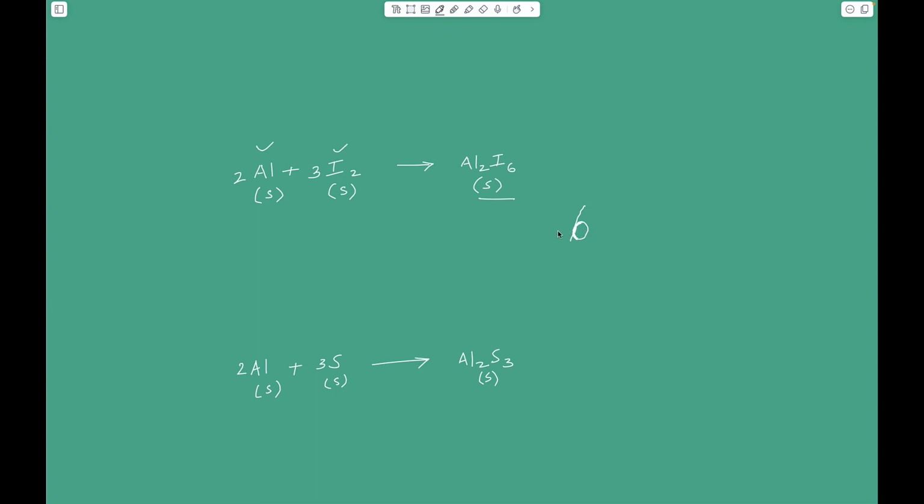That means with time, the reaction slows down and eventually it stops. So it is difficult to mix solids uniformly with one another. Therefore, it is difficult to carry out sustained chemical reactions between solids at reasonable speeds.